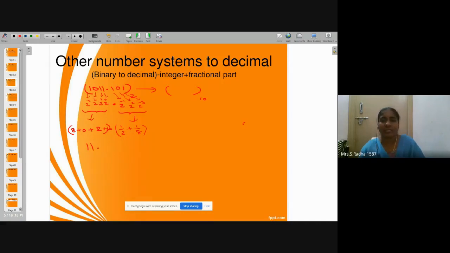And if you see, this is 0.5, 0.25, and half of this is 0.125. 0.5 plus 0.125 gives 0.625. So in the fractional part, it is 625. This is the decimal equivalent for the binary. This is how we have to do.